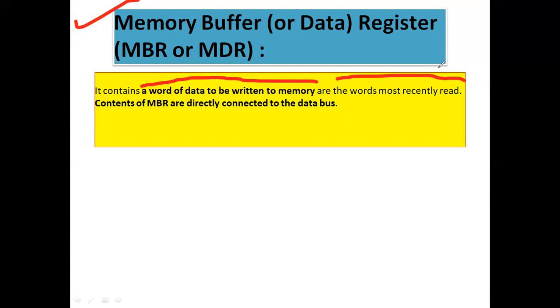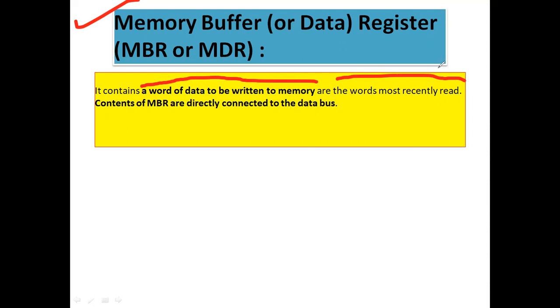ठीक है, जो हम मेमोरी में राइट करने जा रहे हैं उस पार्टिकुलर वर्ड ऑफ डेटा जो मोस्ट रिसेंटली रीड है, उसको कहाँ रखते हैं हम? मेमोरी बफर रजिस्टर में. फिर से बोल रहा हूँ, सुन लेना अच्छे से कि MBR में क्या है, जो अभी रिसेंटली रीड किया गया वर्ड है जिसको हम मेमोरी में सपोज राइट करने जा रहे हैं, उसको रखा जाता है MBR में. ठीक है, इसलिए इसका नाम बफर है.